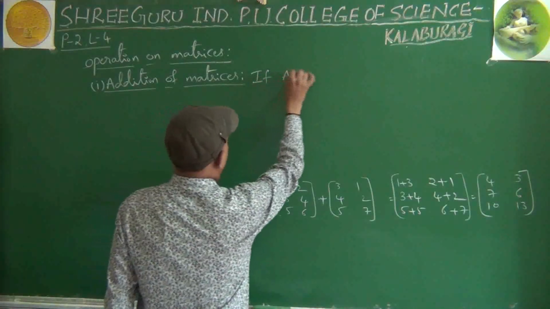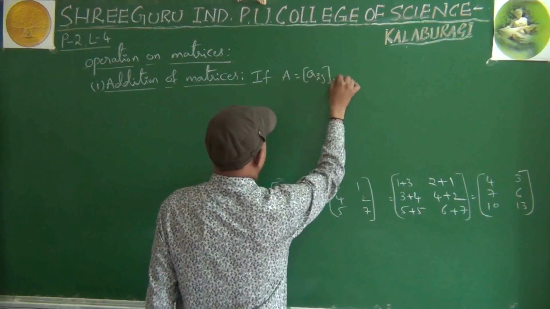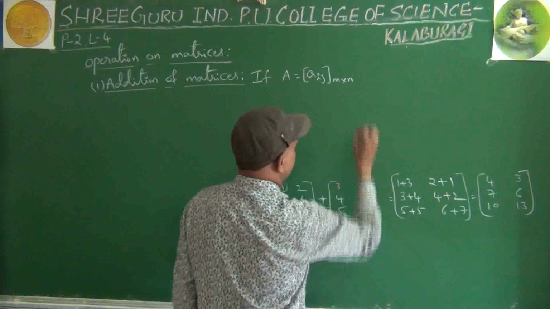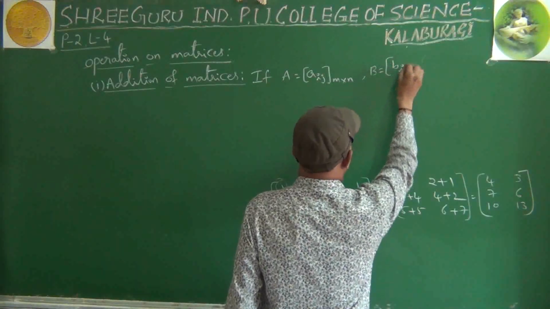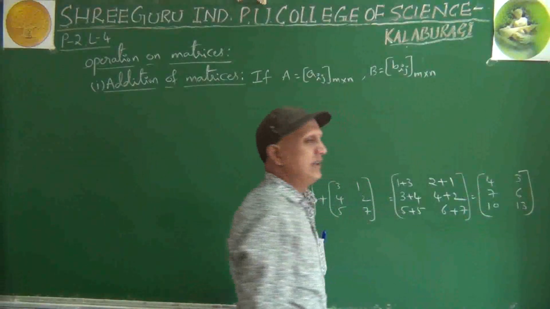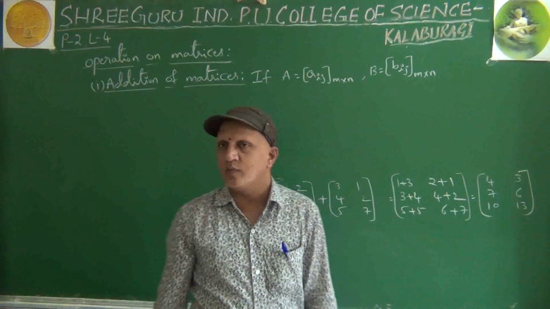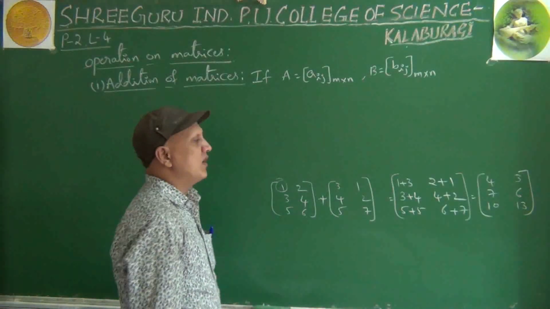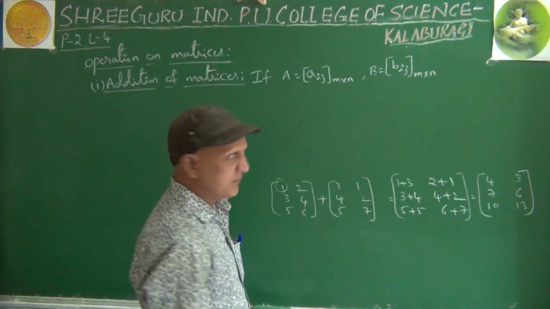If capital A equals Aij, for example, order is m by n, capital B equals Bij, order should be m by n only. If you want to add any two matrices or if you want to subtract any two matrices, order should be same.